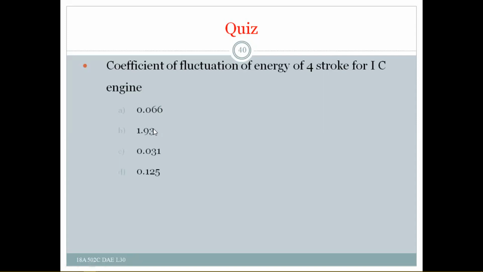If it is a single cylinder, it is 1.93. If it is a 4-cylinder, it is 0.06. And if it is a 6-cylinder, it is 0.31. So for a 4-stroke single cylinder engine, A is the right answer. For a 4-stroke 4-cylinder engine, B is correct. And for a 6-cylinder engine, C is the right answer.